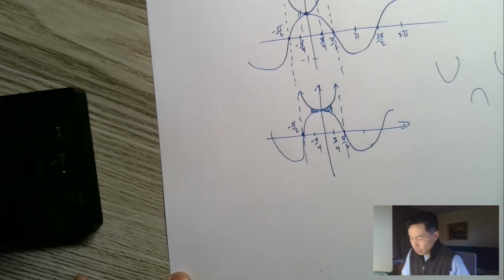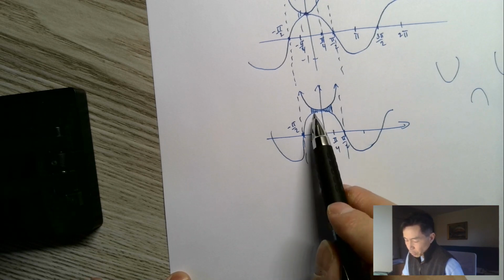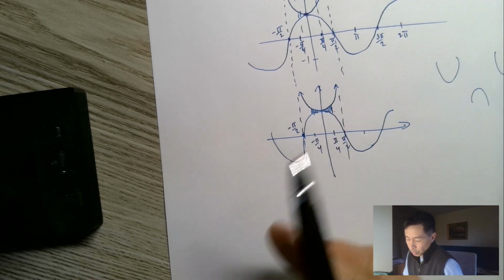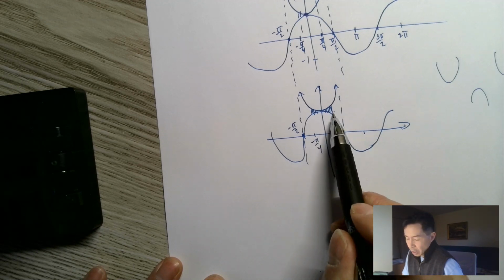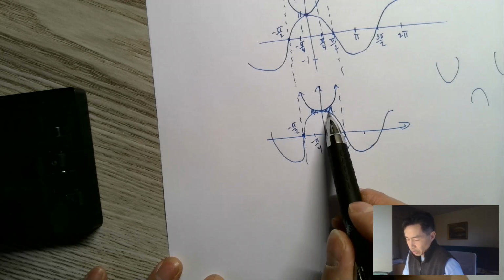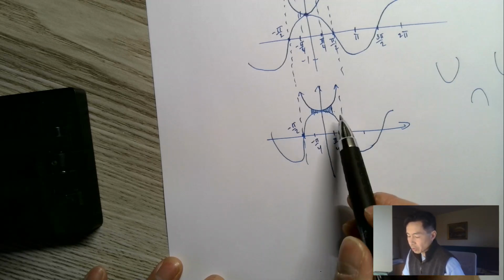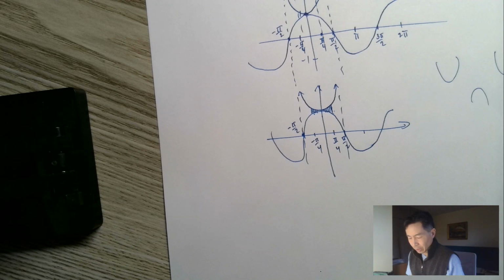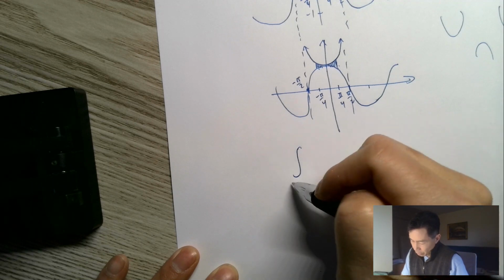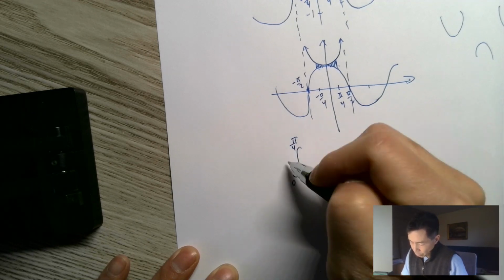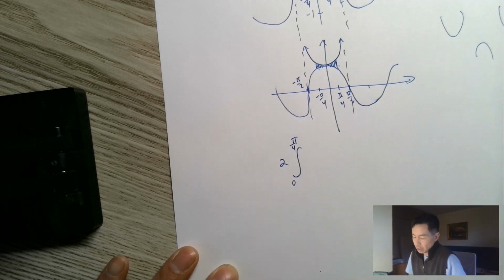I could either integrate from negative pi over 4 to pi over 4, do it in one piece, or I could go from 0 to pi over 4, find that area and then multiply it by 2, because this area is symmetrical around the y-axis. And I like working with 0, so that's what I'm going to do. So we're going to go from 0 to pi over 4, and we'll multiply everything by 2 at the end.